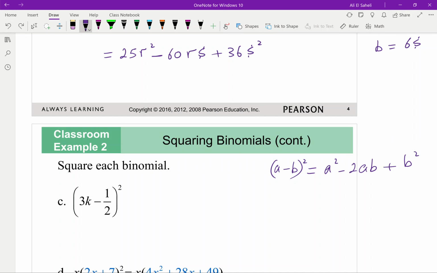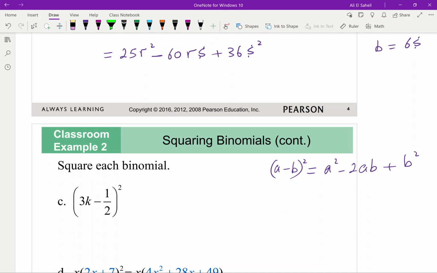The sign changes only in the middle term. So a plus b squared, for instance, is positive, positive, and the middle is also positive. When you have a plus, this is plus. When you have a minus, this is minus. So whatever trick you use, make sure you memorize these two.